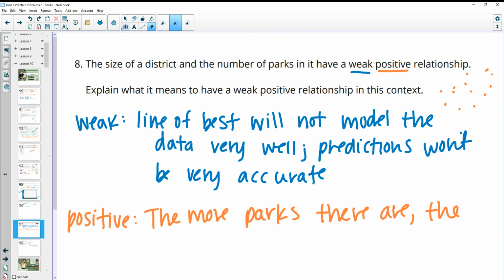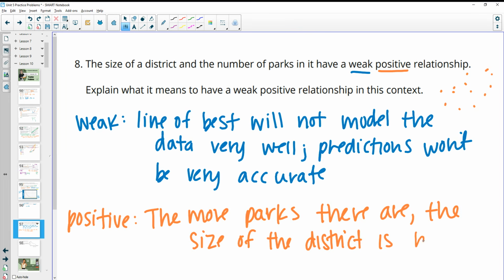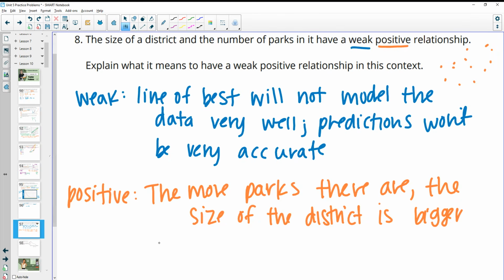The size of the district is bigger. But there's no strong correlation to that. But as the parks increase, the size of the district seems to also be increasing. Okay, just not in a very correlated manner.